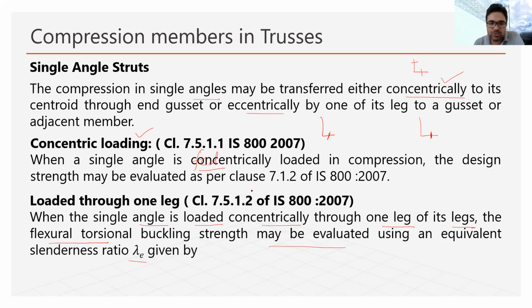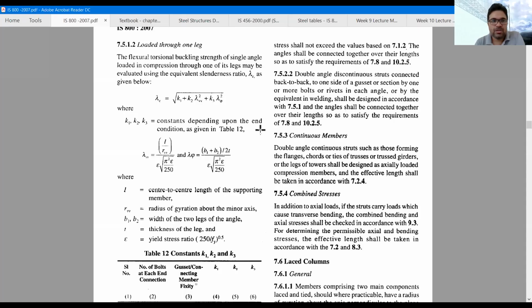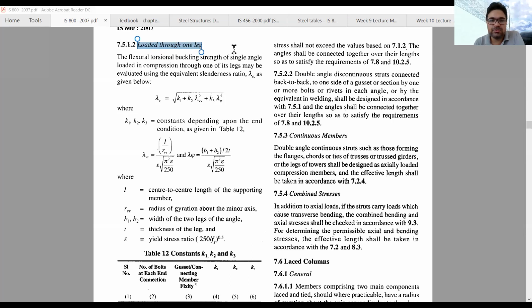Now I will show you this clause and the formula of lambda E, which is called the equivalent slenderness ratio. Once we calculate this, only then will we be able to find the value of FCD. In the IS code, this is clause 7.5.1.2, and it says that if the angle is loaded through one leg only, we have to find the equivalent lambda.